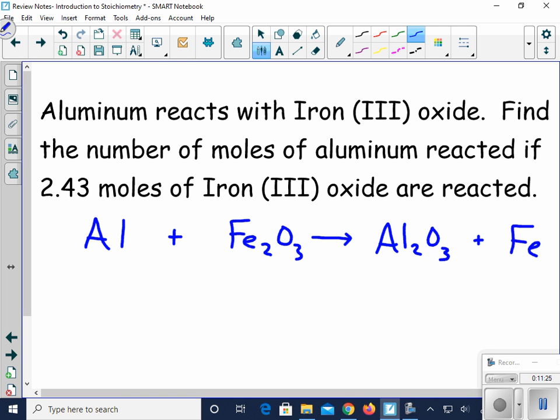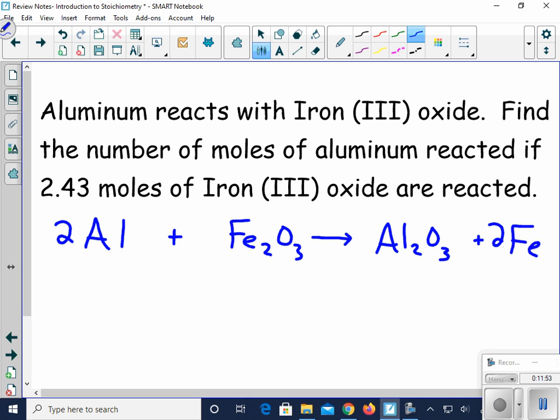Now I need to balance this. And as I'm looking, my oxygens are okay. I need to have 2 aluminums and I need to have 2 irons. Now I should have a balanced chemical equation, correct? So I've predicted a reaction. I've balanced an equation. Now I need to do all that before I can even start my problem.